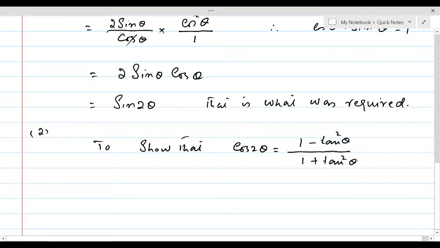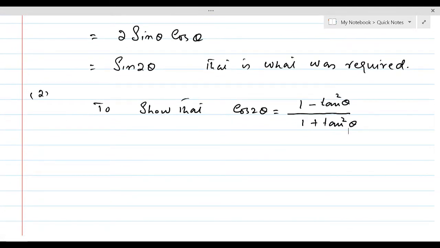The trick in the proof of these trigonometric identities is that we just take a look at the side which is more likely to be simplified, and then we continue to simplify it, and it just flows like water until it gets equal to the other side.